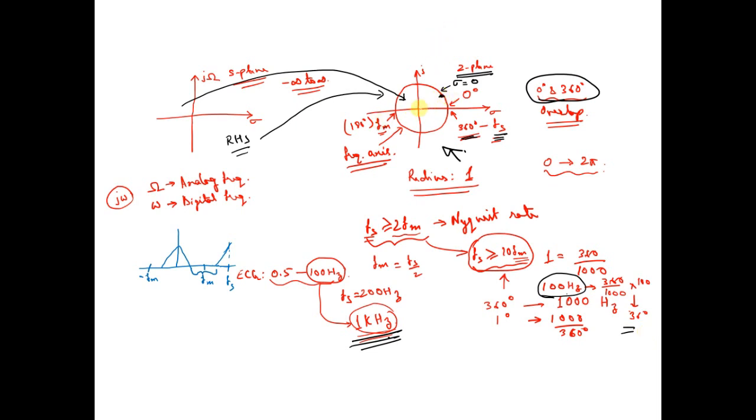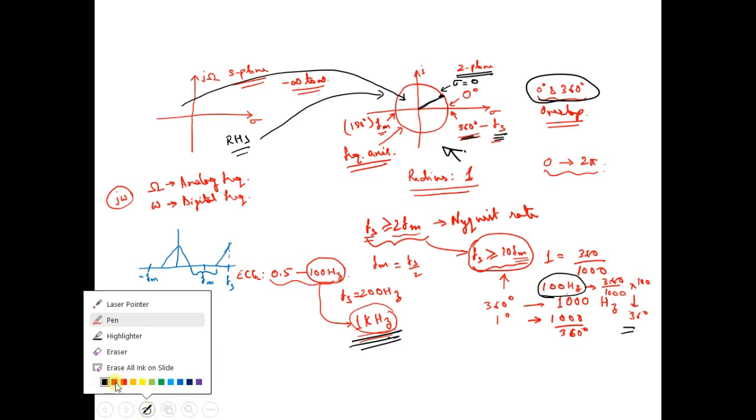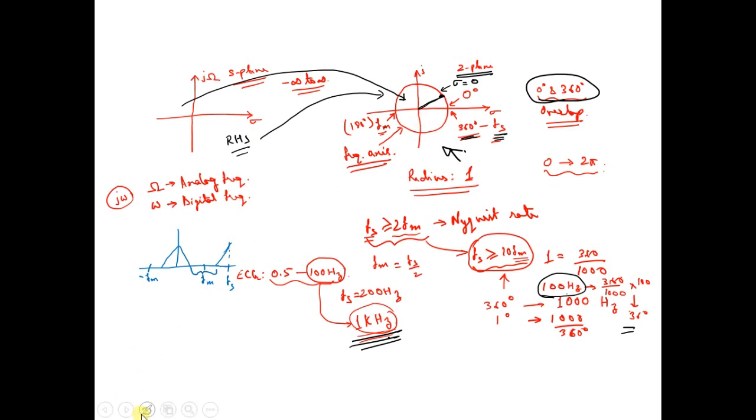Now if you draw a line from here to here, that is the radius, right? Now if you place poles or zeros across this radial, then it is regarded as radial positioning of the poles or zeros.